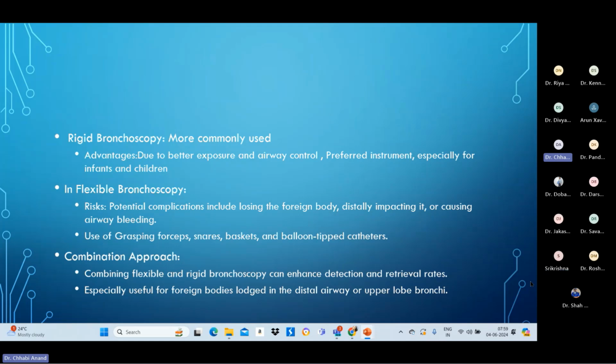Use grasping forceps, snares, baskets and balloon tipped catheters. A combination approach is also done. Combining flexible and rigid bronchoscopy can enhance detection and retrieval rates, especially useful for foreign bodies lodged in the distal airway or upper lobe bronchi.